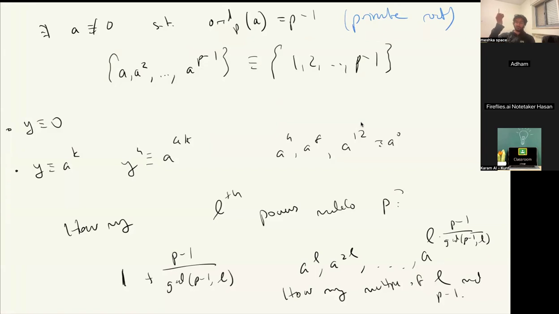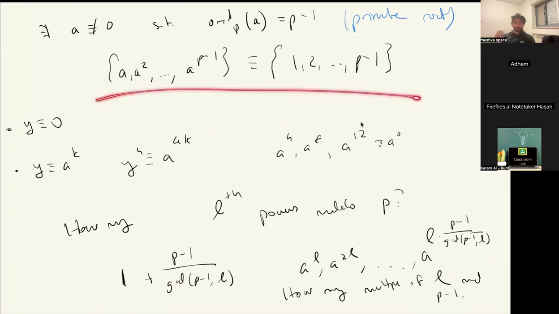I didn't cover the proof of this theorem, but if you know it, then it's very easy to understand how many Lth powers there are mod p. Does it make sense? Yes, I see, because these two sets are congruent mod p.